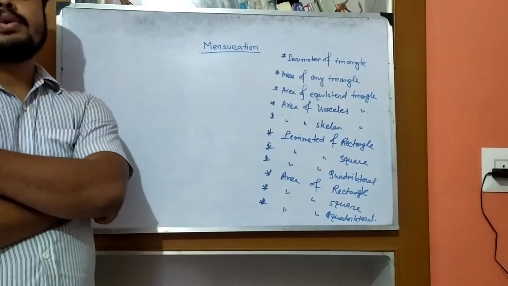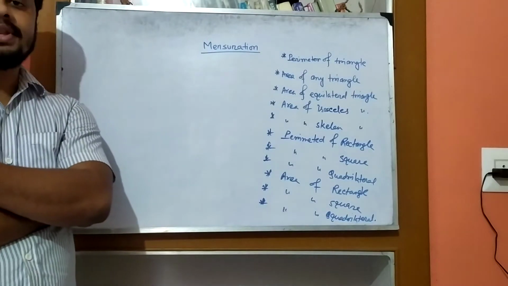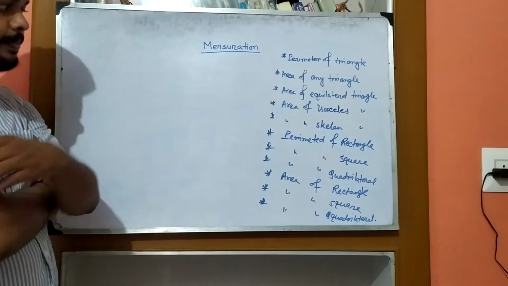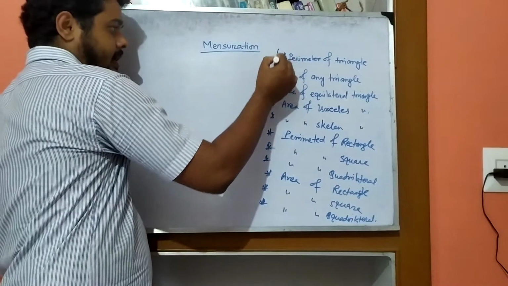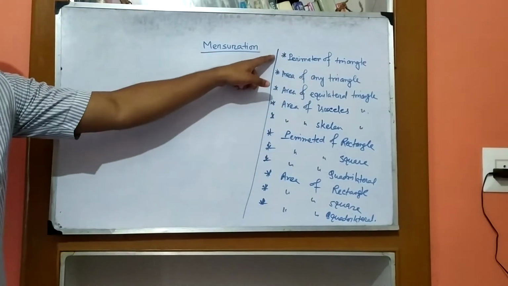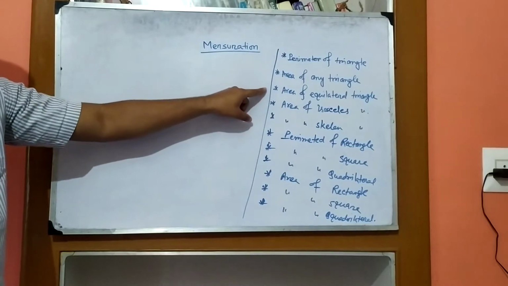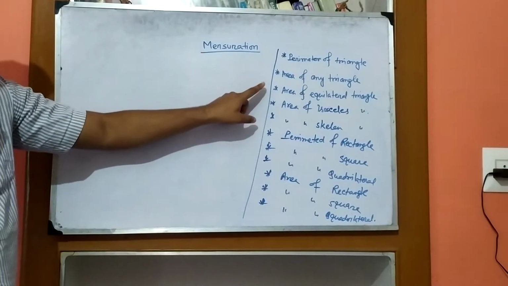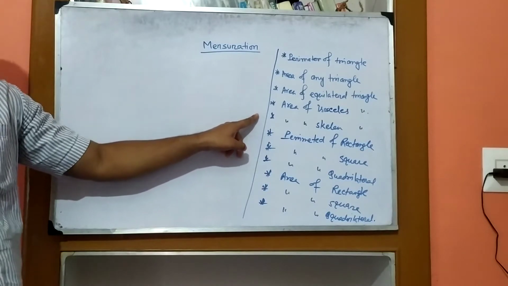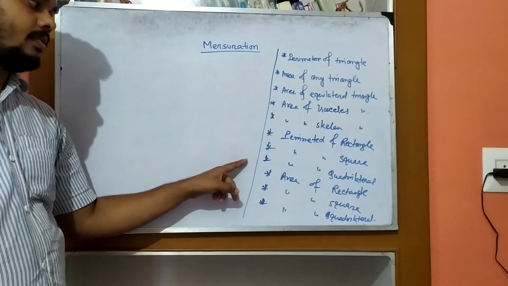Today we are going to discuss the mensuration of class 11 applied mathematics. In the mensuration part, there are a few parts, all mentioned over here. The parts are perimeter of triangle, area of any triangle, area of equilateral triangle, area of isosceles triangle, area of scalene triangle, perimeter of rectangle, perimeter of square, perimeter of quadrilateral.